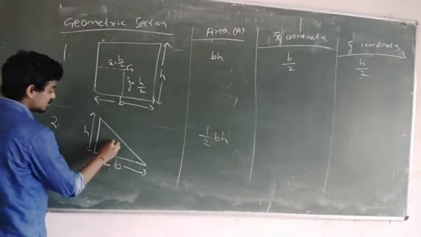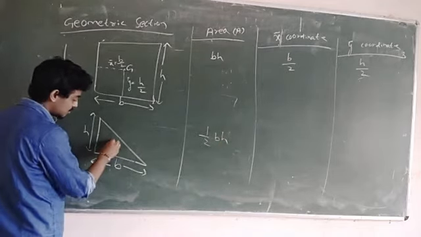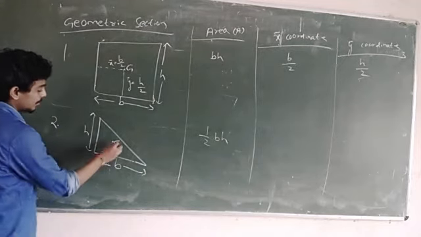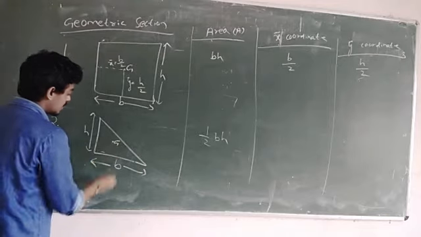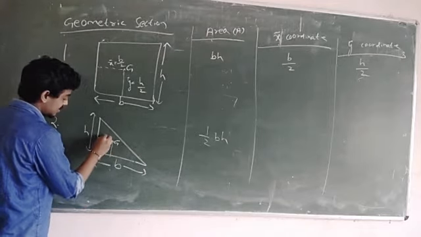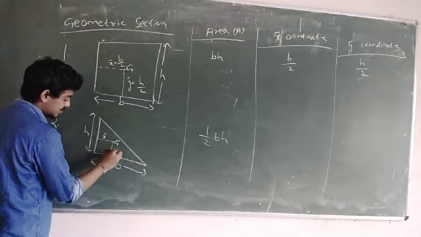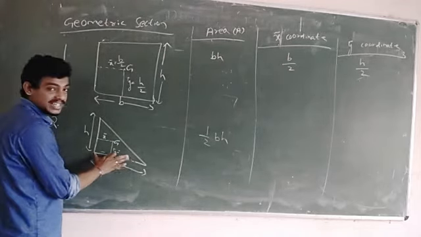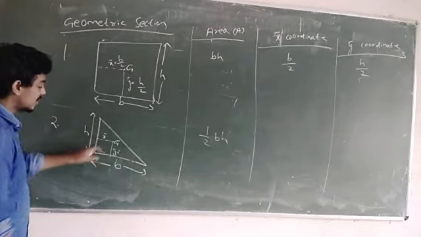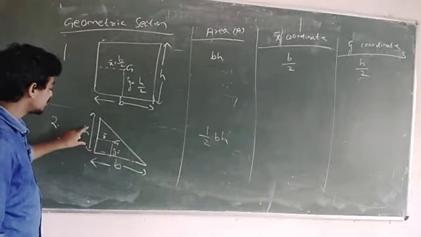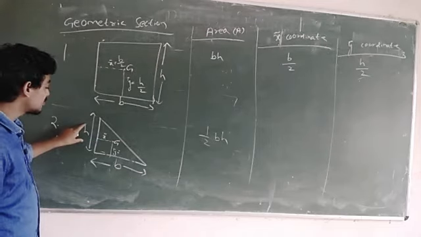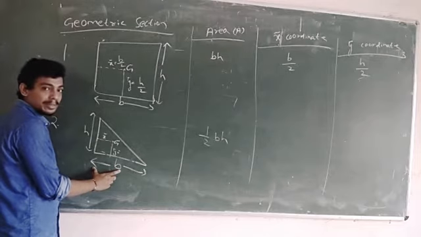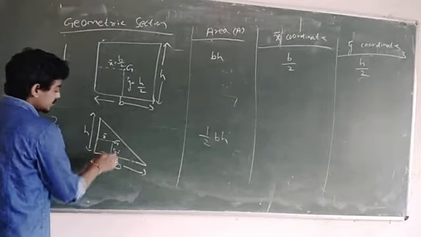The x coordinate and y coordinate we have to calculate. Suppose the centroid is at point G. Now we have to calculate this distance and this distance: x bar and y bar. Here y bar is calculated with reference to the base, and x bar with reference to the perpendicular side.